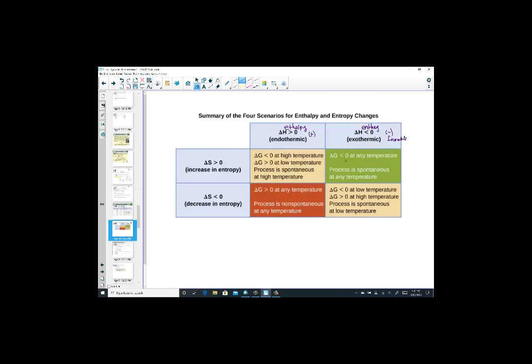And so delta G at any temperature will be a negative sign for spontaneous as long as the entropy is gaining, and that becomes a positive number. We said here, if delta S is negative, that means it's becoming more organized, and I have an endothermic reaction. This will never be a spontaneous condition.